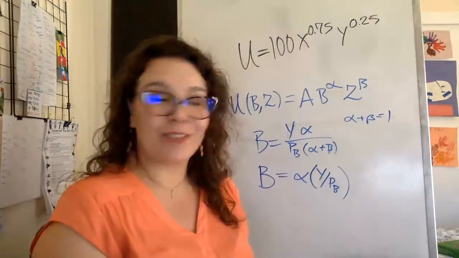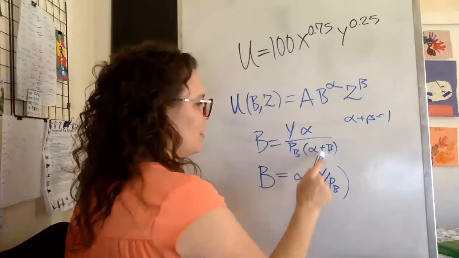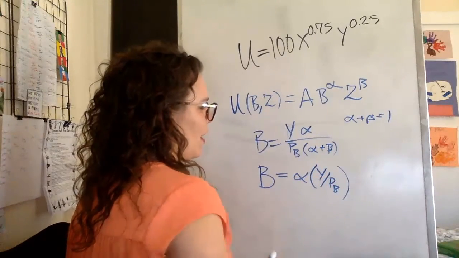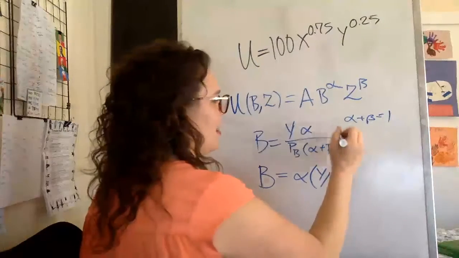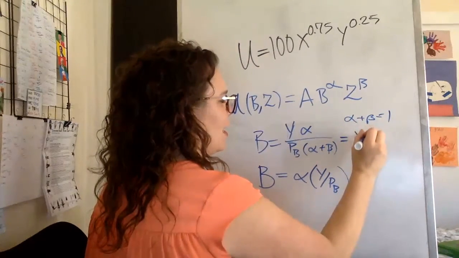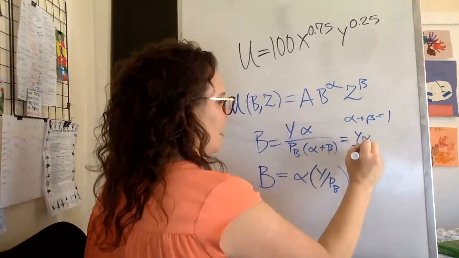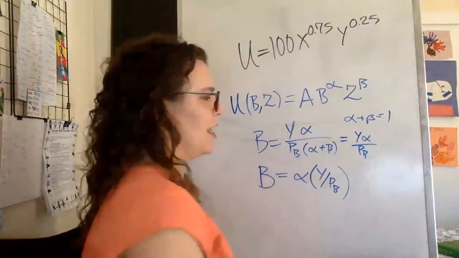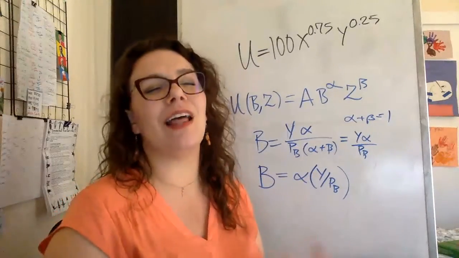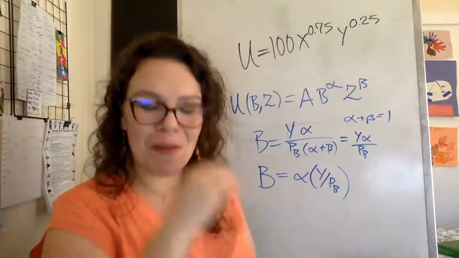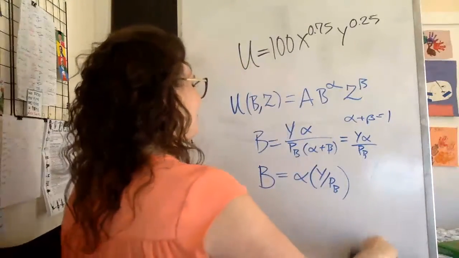That's a lot simpler, right? Because this is going to be 1, so 1 times PB is PB, and then this is just y times alpha divided by PB, and that makes it a lot easier to solve this problem. So let's look at it.